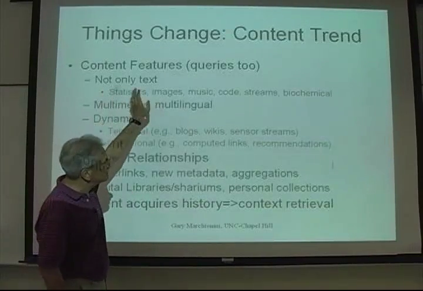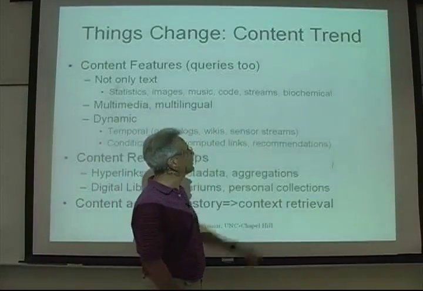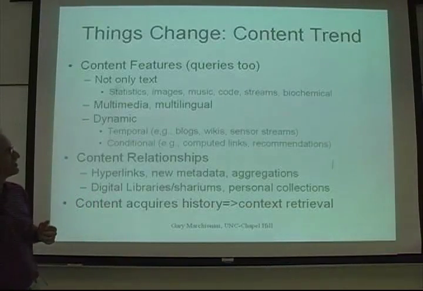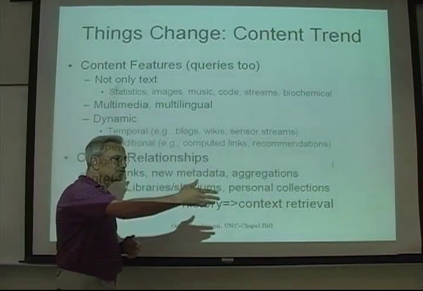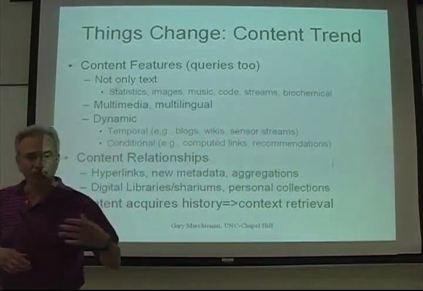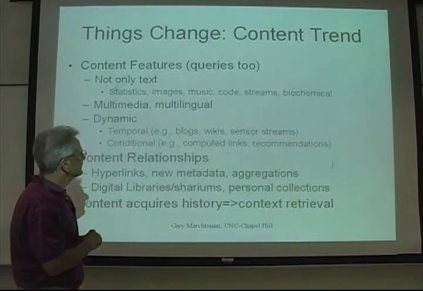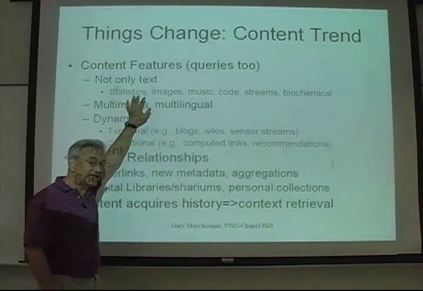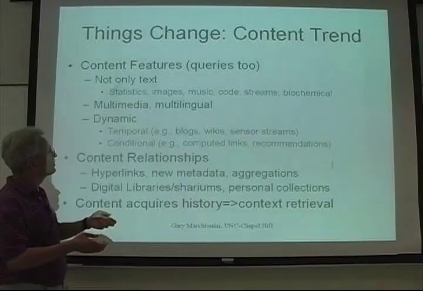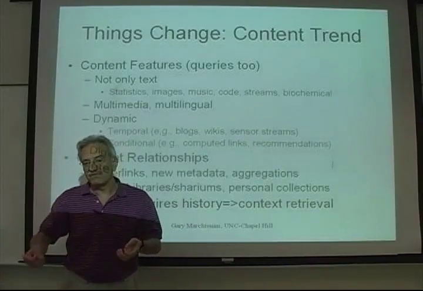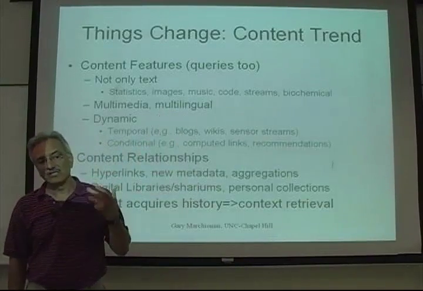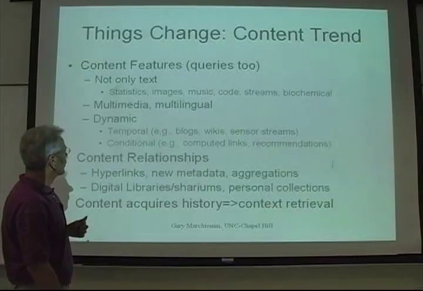We've got statistics and images and music and computer code and streams of data coming back from instruments in space and sensors in the environment, biochemical sequences and proteomic data that's being collected. Moreover, it's not just data that's not text, it's also multimedia. So we start to mix these things up, with data that's both statistical and video all mixed together. And it can be multilingual as well, so we can't just deal with a single human language anymore.